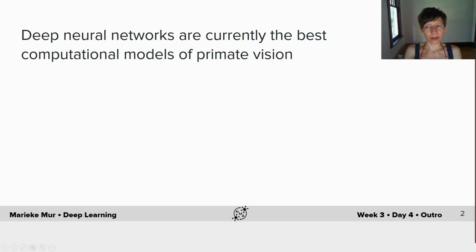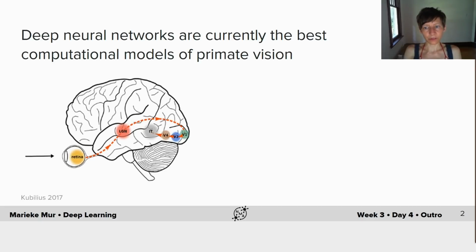As you've seen today, deep convolutional neural networks are currently the best computational models of primate vision. Object recognition is implemented by the primate ventral visual system, a hierarchical system of brain regions located in the occipital and temporal lobes. Visual information that hits the retina travels through the LGN to V1, the first cortical station of visual information processing.